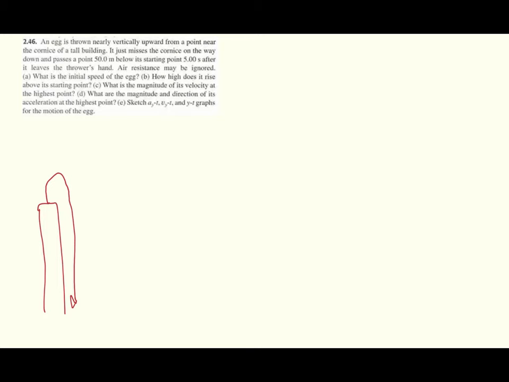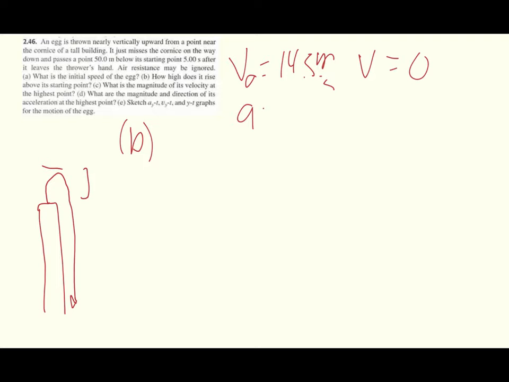Next, we're going to work on part B. How high does it rise above that point? Now we've got all the stuff we need because we know the initial velocity is 14.5 meters per second. At the top point, the velocity is going to be 0, and the acceleration, because air resistance is negligible, is 9.8 meters per second squared.